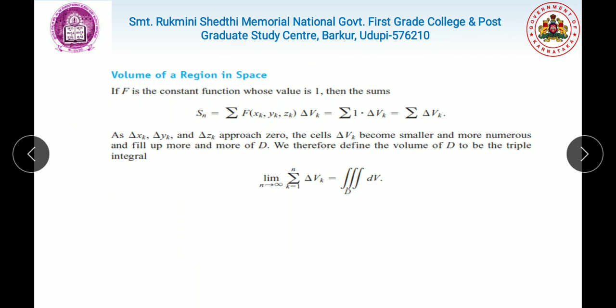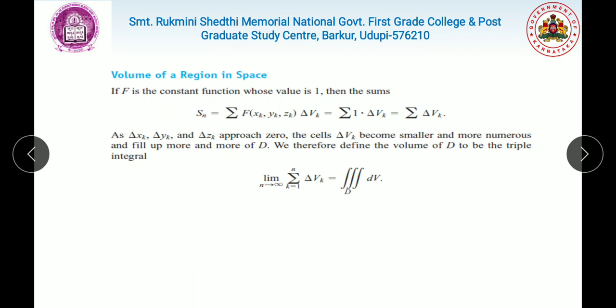Now, how to calculate the volume of a region in space using a triple integral? Suppose f is the constant function whose constant value is 1. Then the sums Sn, given by the summation of the product of the function value with the elementary volume, become the summation of delta vk.